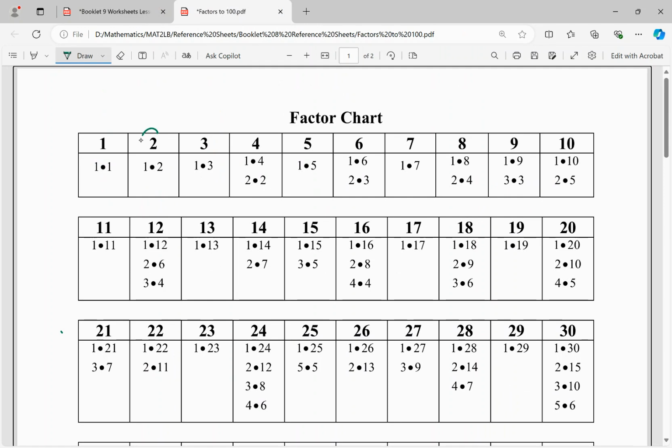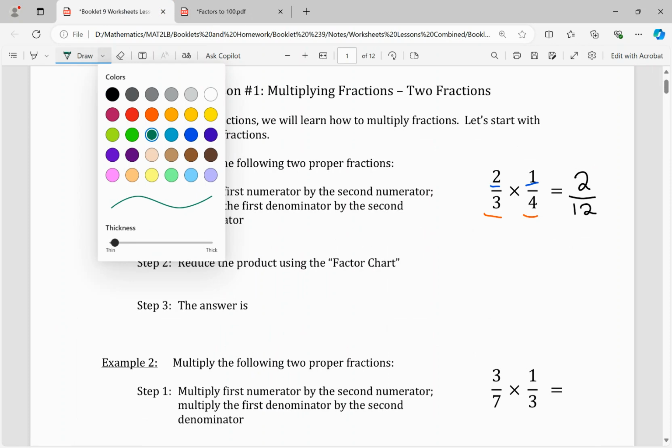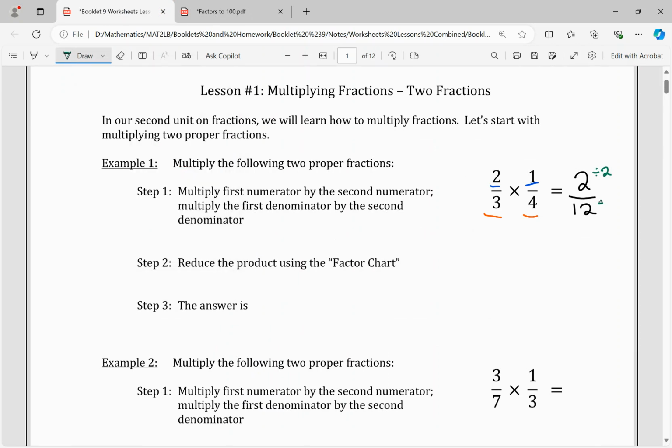So here is 2, here is 12. The largest number that they have in common is 2. So that means that I am going to take the top number and the bottom number of my final answer and divide them both by 2.